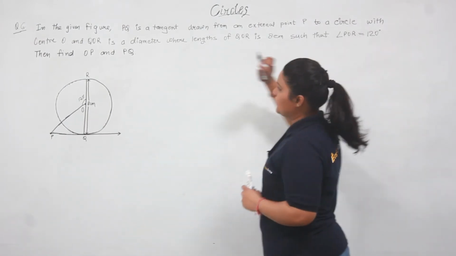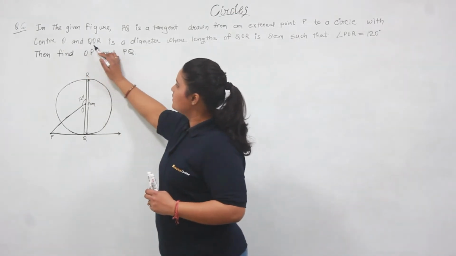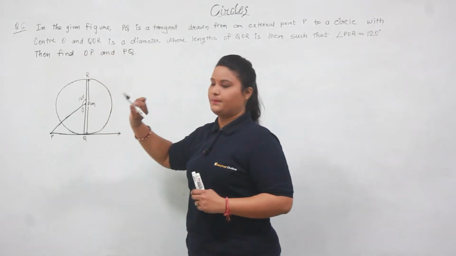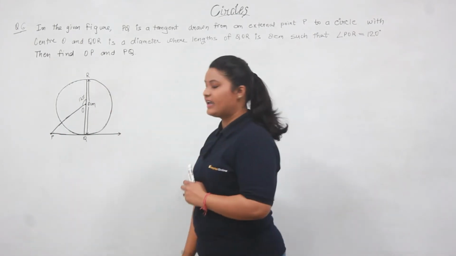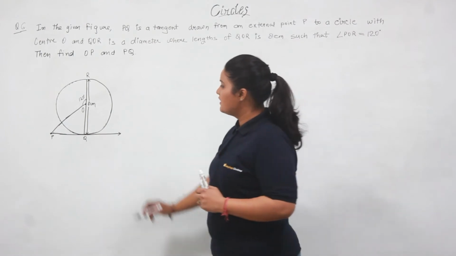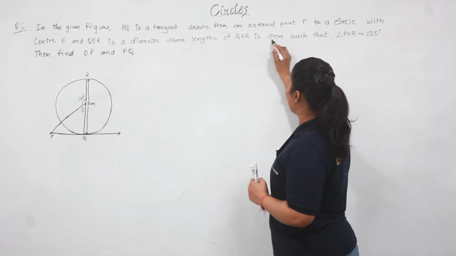Now, the center of the circle is O, and QOR is a diameter. It is clearly visible that QOR is a straight line, and it is the diameter of the circle, where the length of QOR is 8 centimeter.